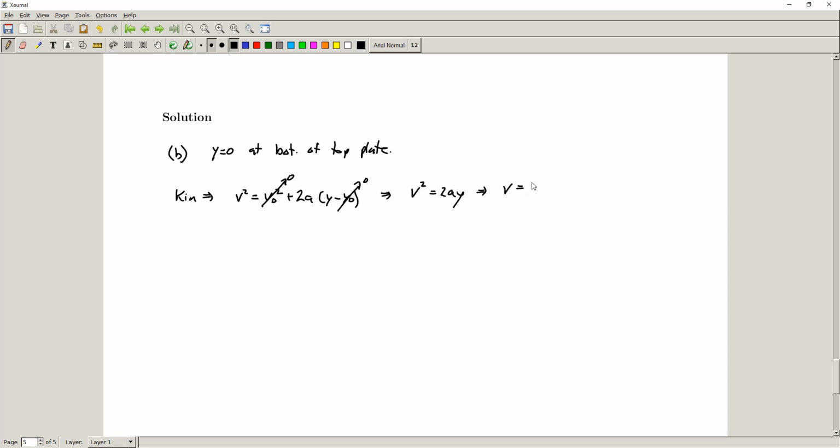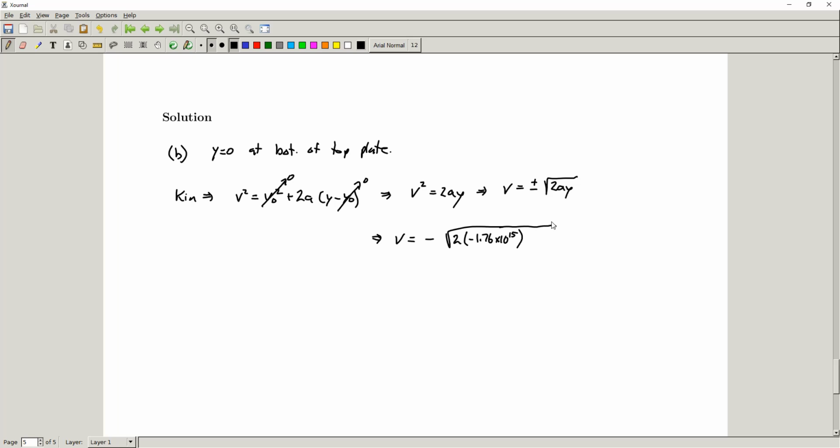So our v is going to be equal to plus or minus, and remember, we're taking the square root of both sides, so it is going to be plus or minus the square root of 2ay, right? And we know that our velocity is going to be negative, so we're going to end up choosing the negative direction here. And so we have v equal to minus the square root, and I can substitute in numbers now, so this is going to be 2 times the acceleration from above, which we found was minus 1.76 times 10 to the 15 meters per second squared, right?